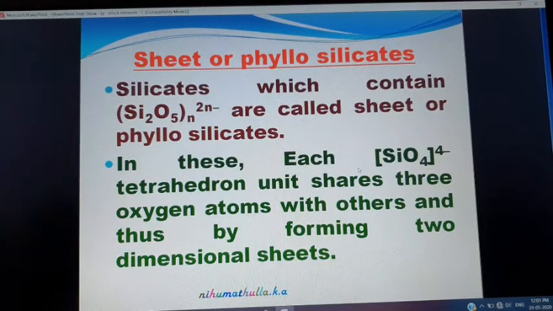Already we discussed double chain silicate, and we are now discussing pyrosilicate.